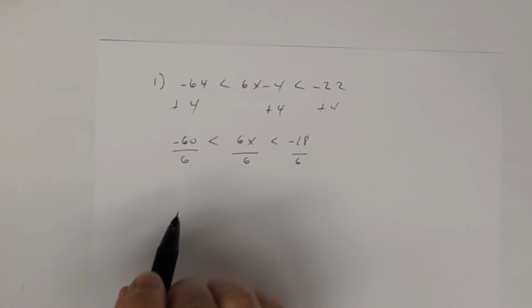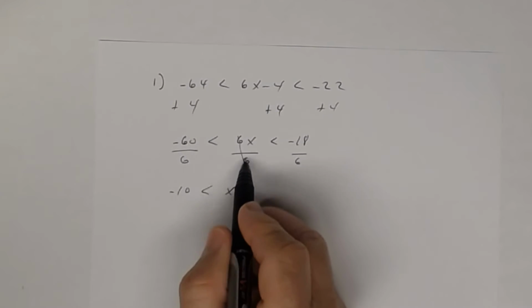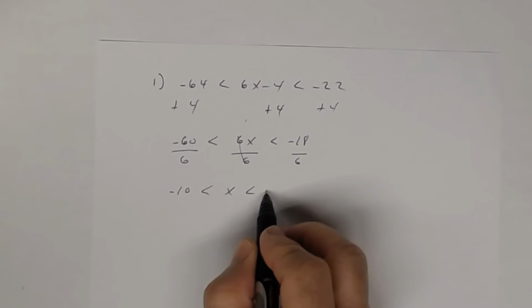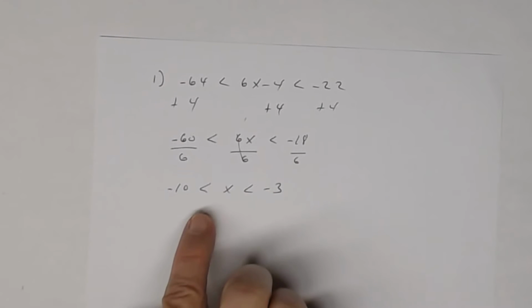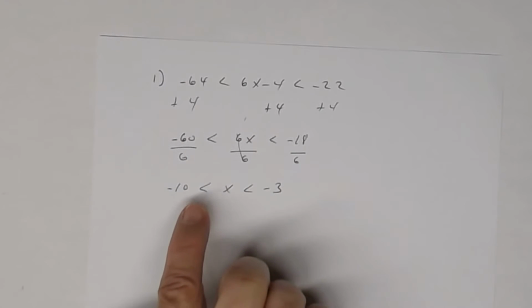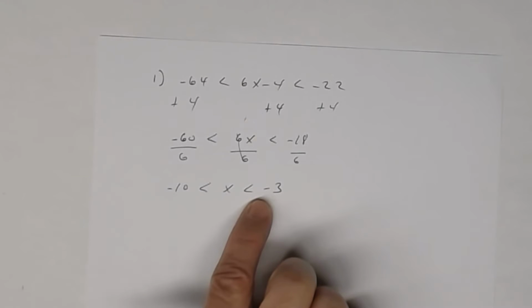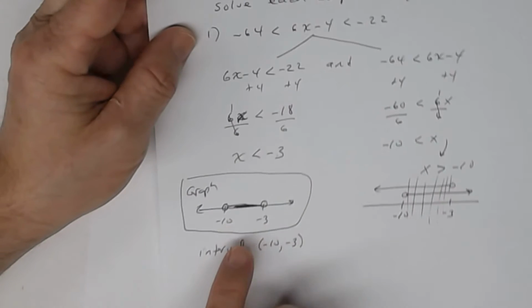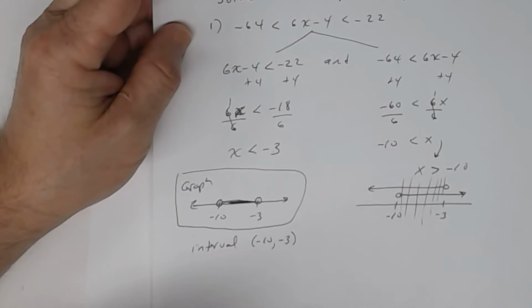When I divide all parts by 6, I get negative 10 is less than x, because 6 divided by 6 is 1. It's less than negative 3. And so notice as an inequality, what we have is negative 10 is less than x, is less than negative 3. And that's what you had here, right? All the solutions are between negative 10 and negative 3.